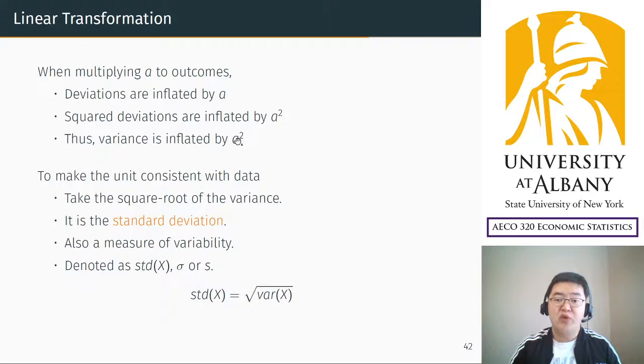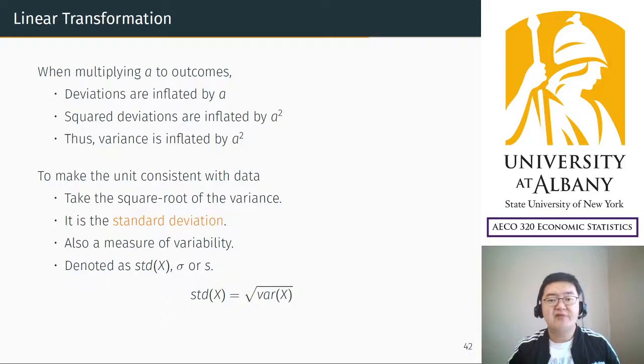I don't like it, it's very inconvenient. For example, think about this. Your data is in, say, dollars, but we would like to adjust for inflation. So then you have to divide the data by a price index, which is a multiplication.